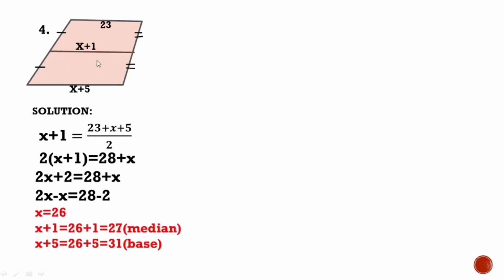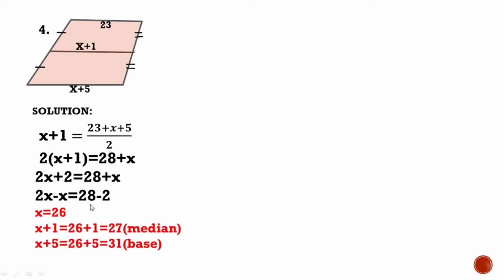So we have x plus 1 equals 23 plus x plus 5 all over 2. Getting their cross products, we have 2 times quantity x plus 1 equals 28 plus x, because 23 plus x plus 5 is 28 plus x. 2 times x is 2x, 2 times 1 is 2, equals 28 plus x.